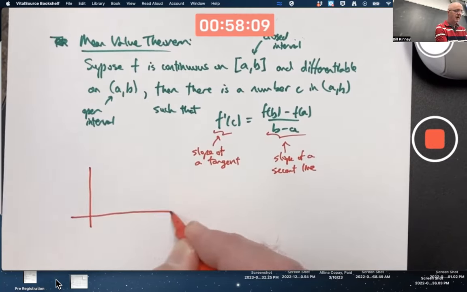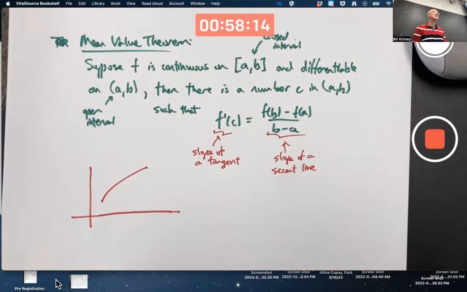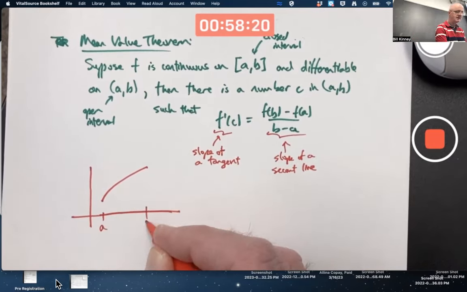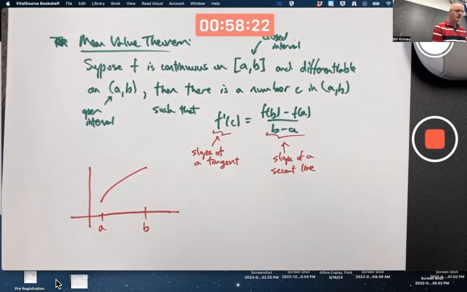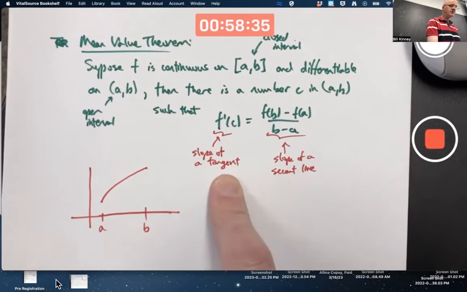If you draw a generic graph, say of a concave down function, this theorem makes perfect sense if you think about it carefully. Let's pretend this is A and this is B. It's a nice continuous and differentiable function. The theorem says, in this situation, we know there's some number C between A and B where the slope of the tangent equals the slope of the secant.